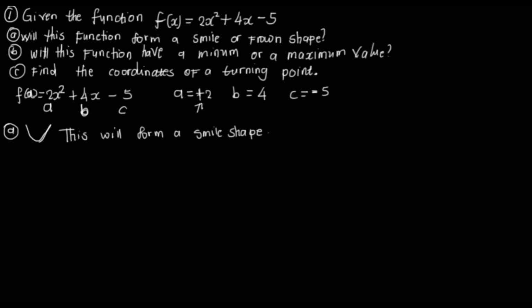So this will form a smile shape because the value of a is positive. Whenever you see that a has a positive sign, you can conclude that the shape the function can form is a smile shape.